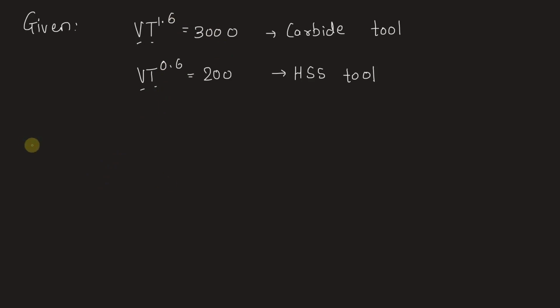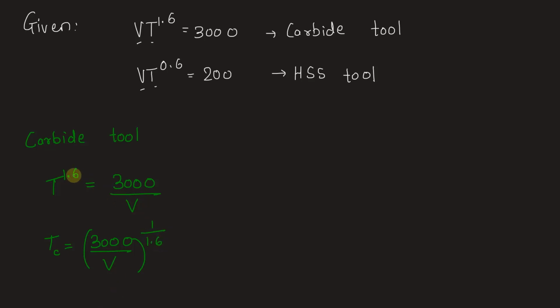So for carbide tool we will have V into T^1.6 = 3000. So we can write T^1.6 = 3000 upon V, and T will therefore be equal to (3000 by V)^(1 upon 1.6).